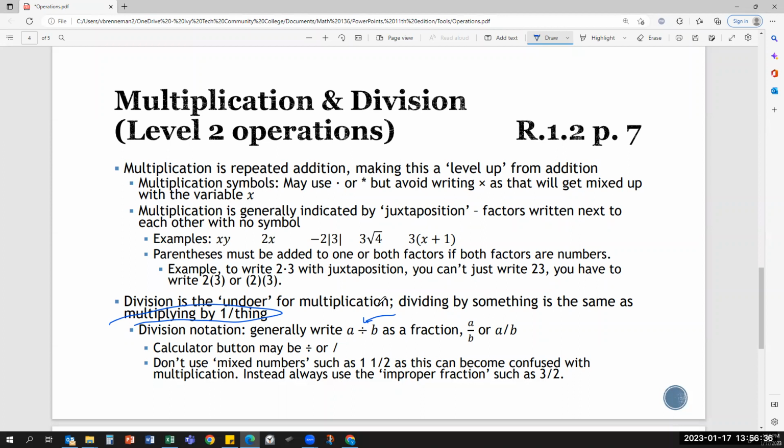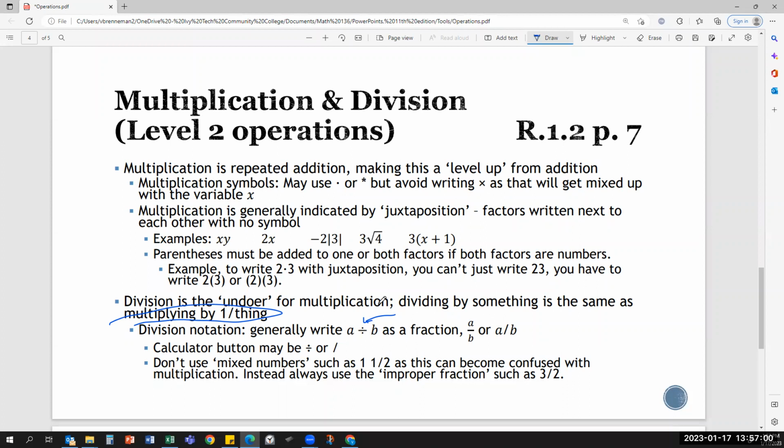Your calculator button, depending on your calculator, may be that division symbol or a /. The / is typically used again in computer situations, Excel, programming, and what you'll enter answers as on tests and so on.